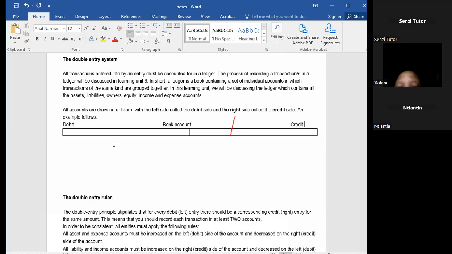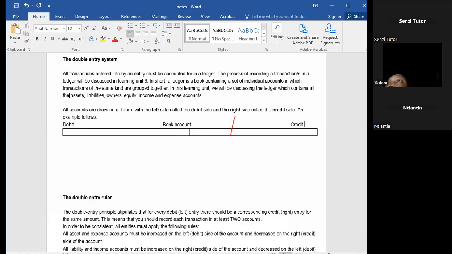All accounts are drawn in a T form, as you see in this account. Now you can see how to draw an account and how to show the debit side and the credit side. Always your left-hand side is going to be the debit side, and your right-hand side will be the credit side.